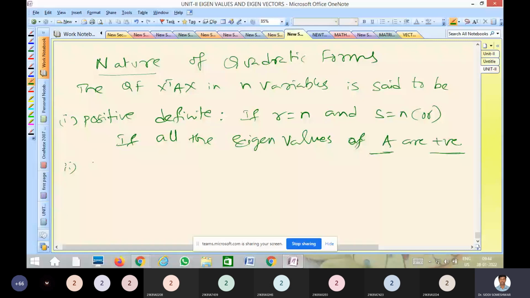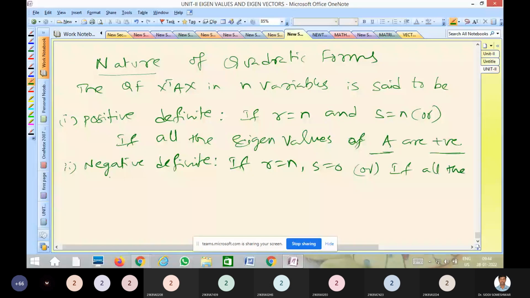Next one is negative definite. As you know, positive definite, you can write negative definite. That is if R equal to n here and S equal to 0, or if all the eigenvalues of A are negative, meaning the index is 0.